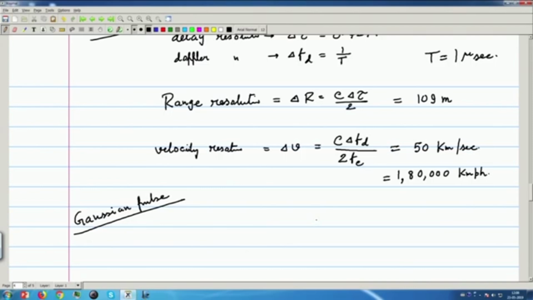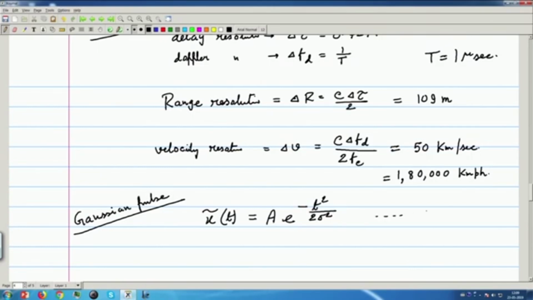So, what is a Gaussian pulse? I define it mathematically. Mathematically, a Gaussian function is easier to handle. So, this is my Gaussian pulse.